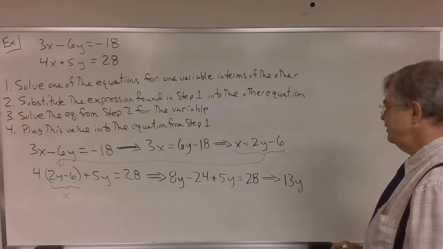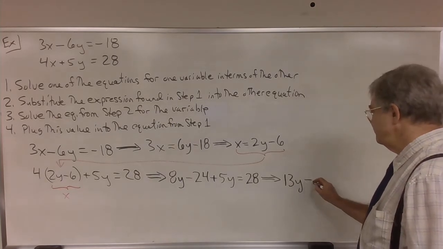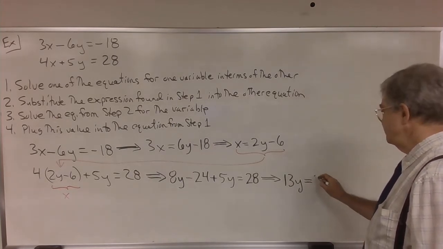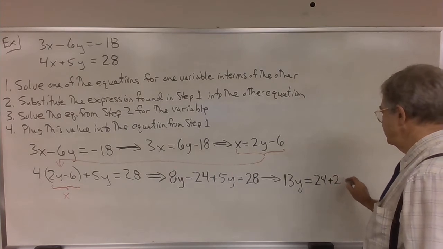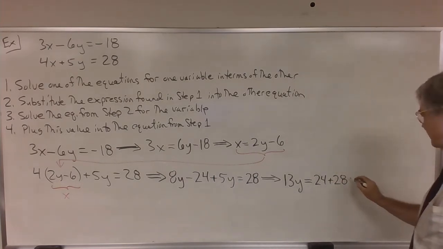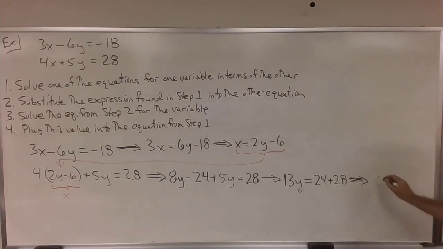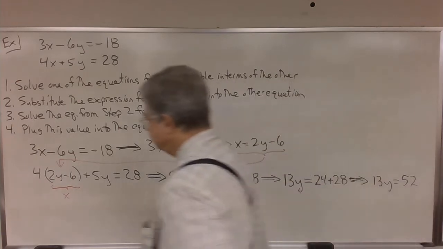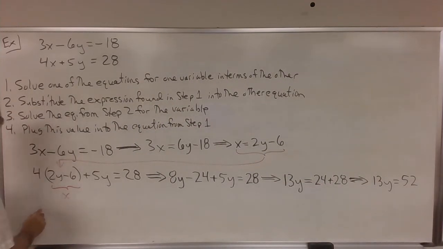So I'm going to get 52. So 24 plus 28 is 52. So this means 13y equals 52. Divide by 13, I have y equals 4.